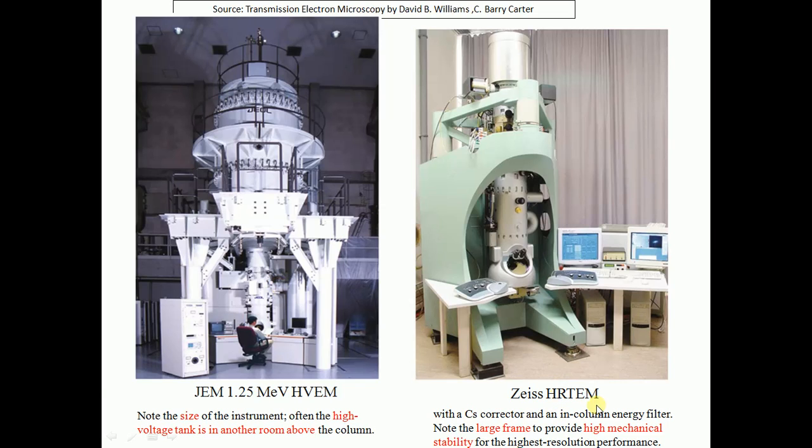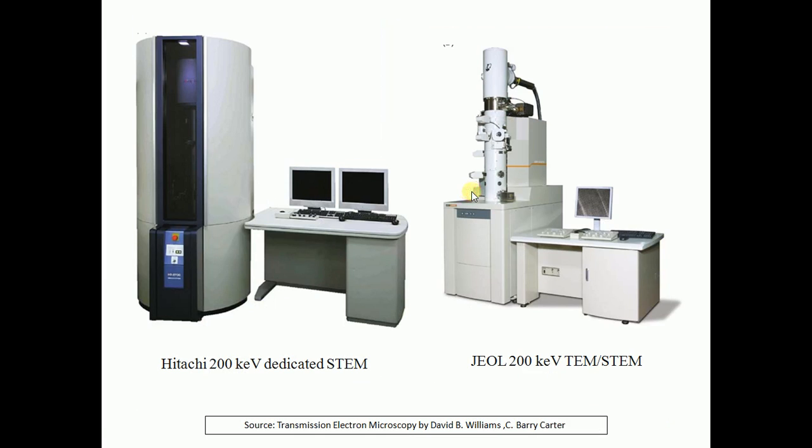We have this HRTEM, where the large frame provides the high mechanical stability to the column. And these are our routine TEM, Hitachi made 200 keV S10, and this is JEOL Japan made 200 keV TEM.